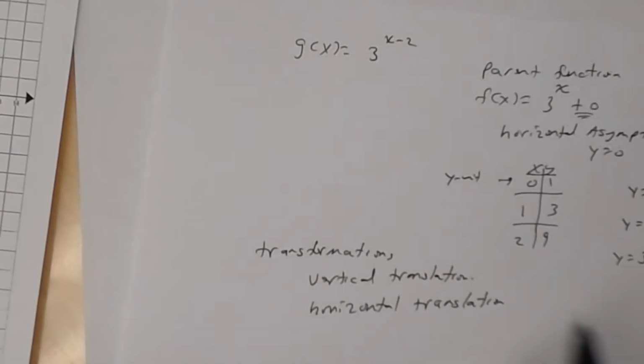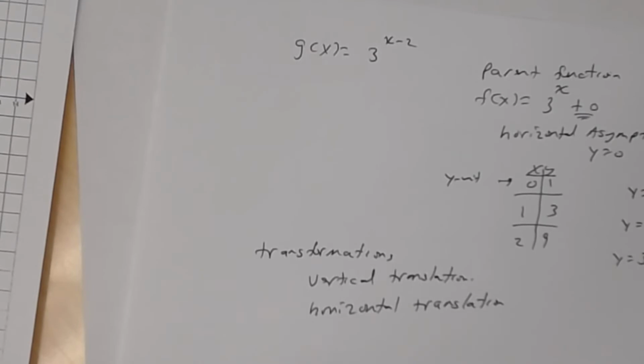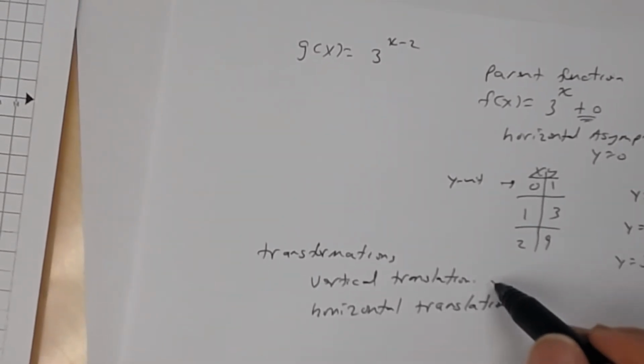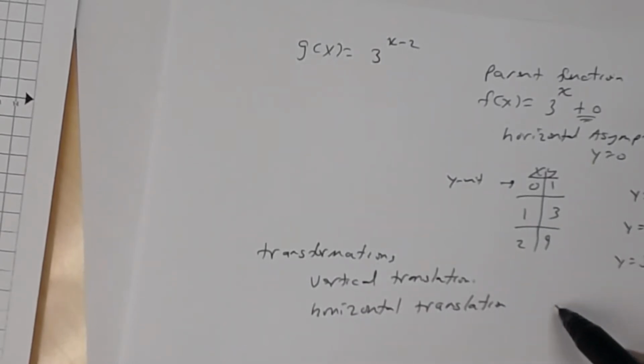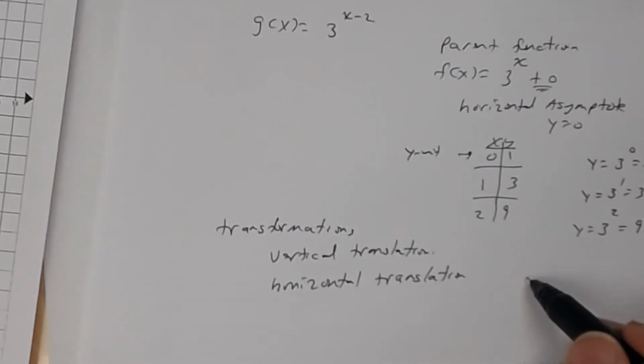So that's what these two problems involve. That kind of transformation, a vertical translation or a horizontal translation. Now remember, the vertical translation is the easy one to remember.